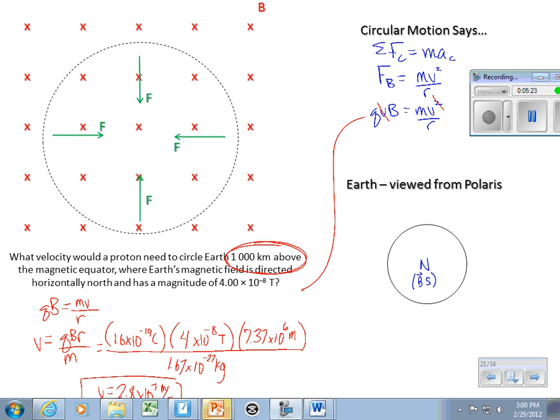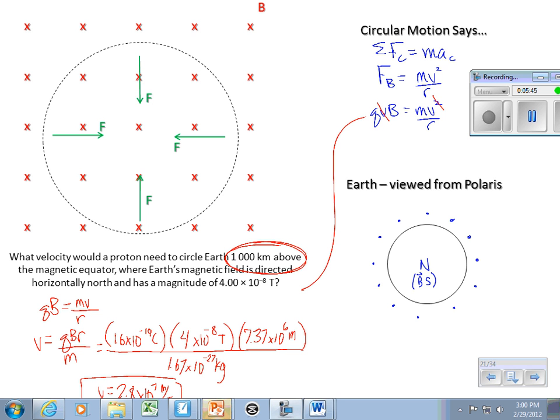So the field comes, you can't see it because it's behind the screen, there's our magnetic north. The field comes up and out of the page everywhere around here, and then wraps back into that geographic South Pole at our magnetic North Pole.